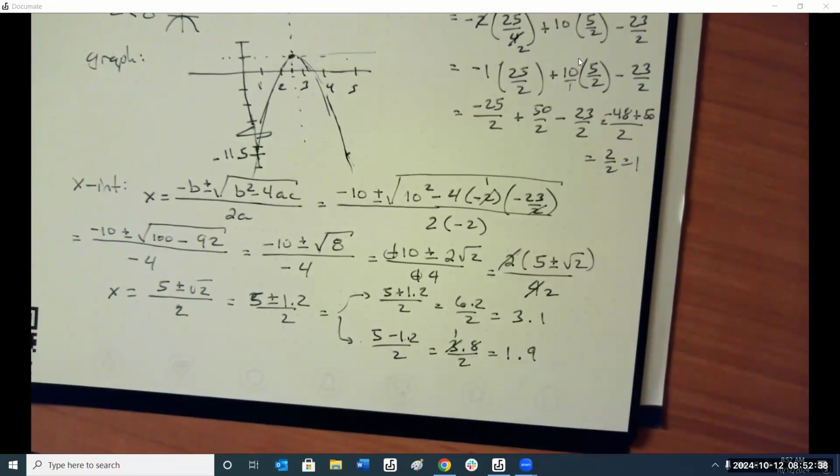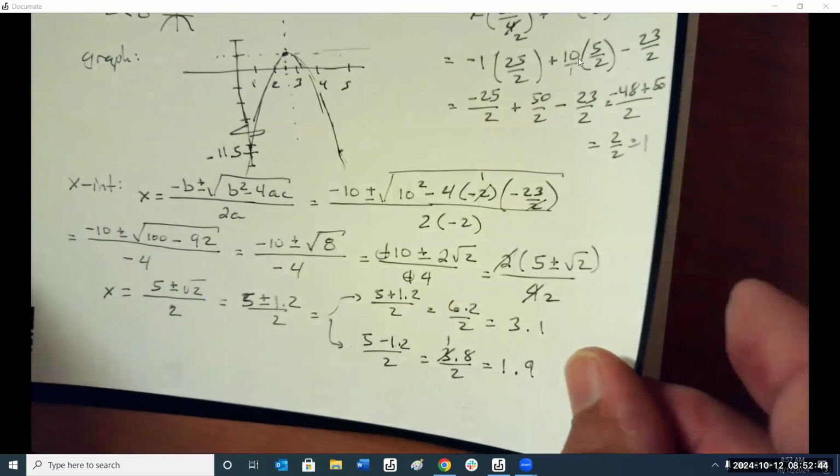Here's an example, well, I'll give you an example also of the other form, the vertex form.